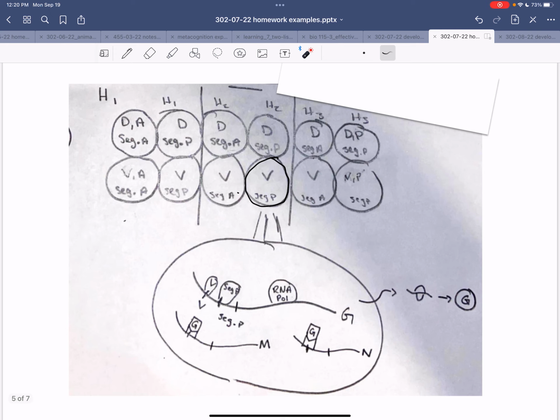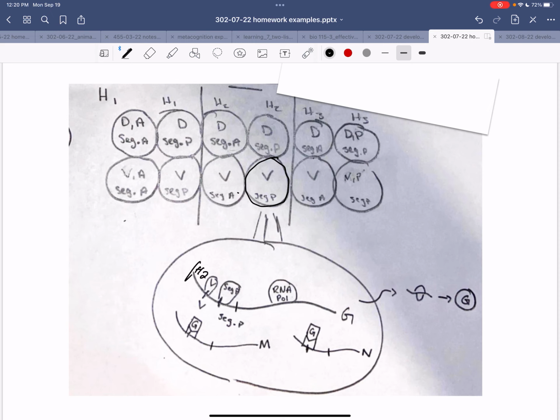So this person identified V and segment posterior. So they said the gene structure has to include ventral and segment posterior. But in fact, it would take one more, which I hope most of you are getting now.